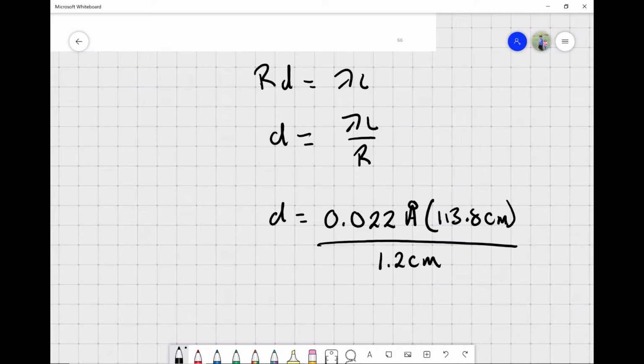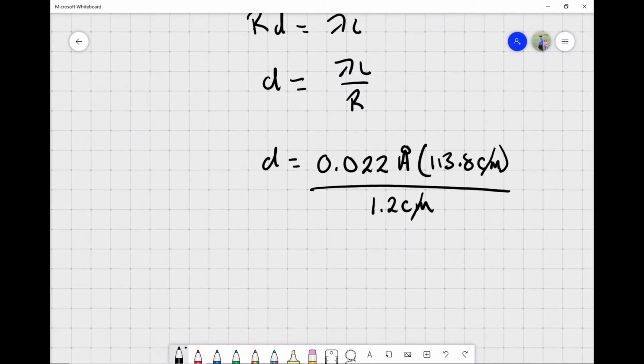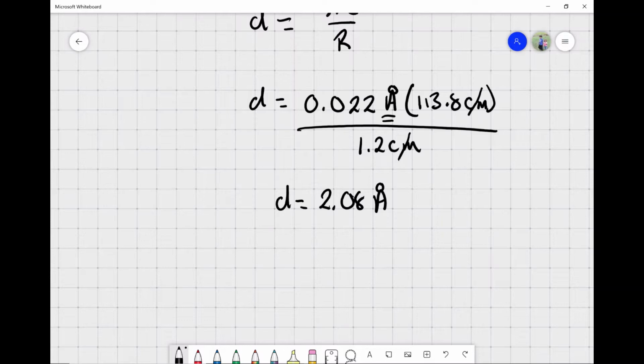The units are going to cancel, so we're going to be left with angstroms, and that is going to be the unit of our D spacing, so we're all good there. And so I got D is equal to 2.08 angstroms.